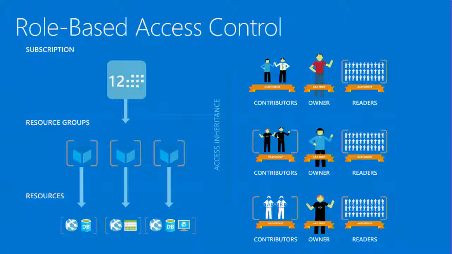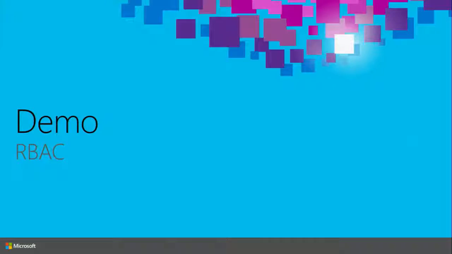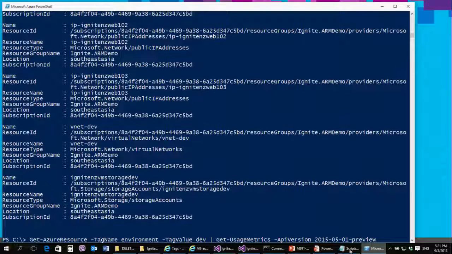But for the time being, just assume that you are limited to the Microsoft-defined roles of owner, contributor, reader, and then the resource-specific roles that we already have in the platform. All right, with that said, I'll talk about that as we go through the demo.